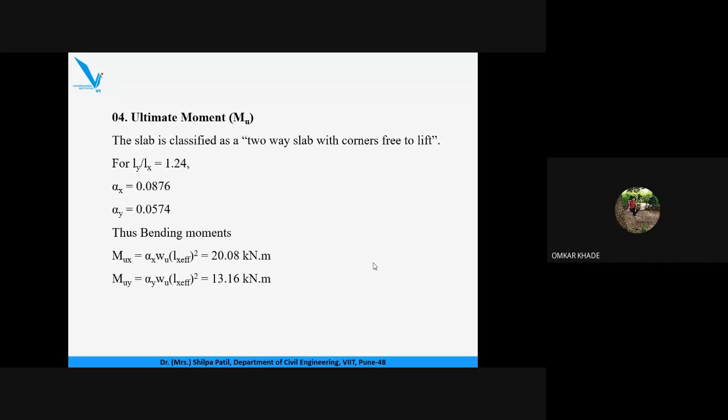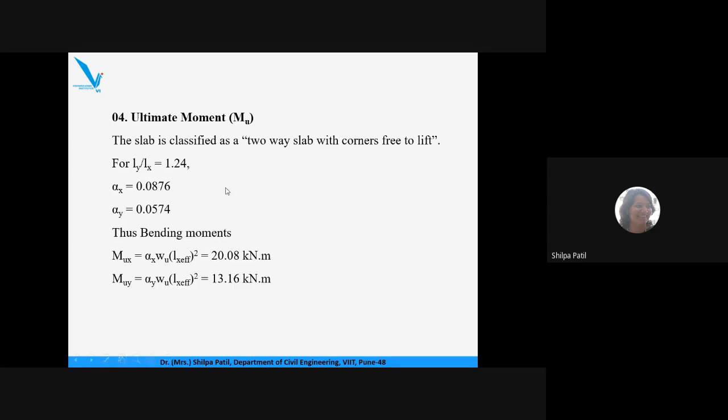Is anybody there in the class? Yes, ma'am. We aren't doing calculations. Please do the calculations simultaneously. If you do not do calculations, you will not understand how to follow the steps. I am simply reading the steps and explaining them. So don't just listen to the steps, do the calculations simultaneously also.